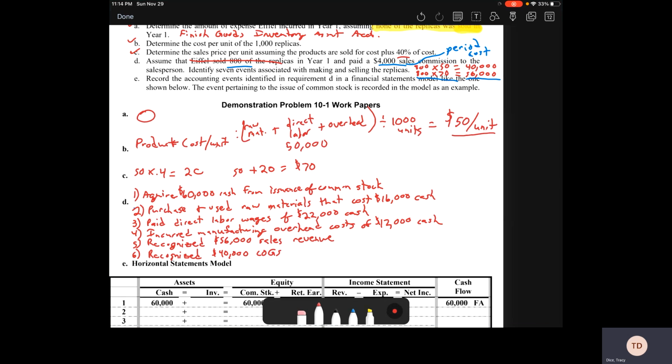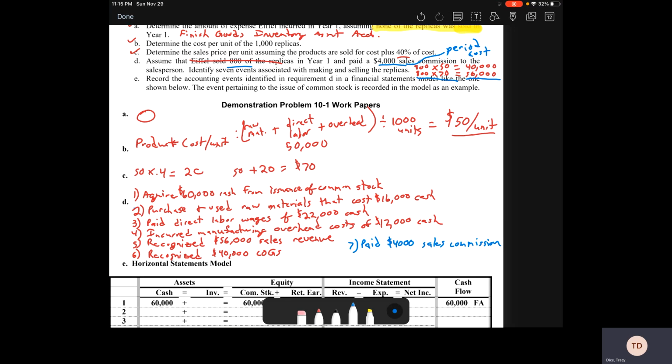So number 7, we'll just put 7 over here. Paid $4,000 sales commission. So those are our 7 events that we then have to put down on the statements model.